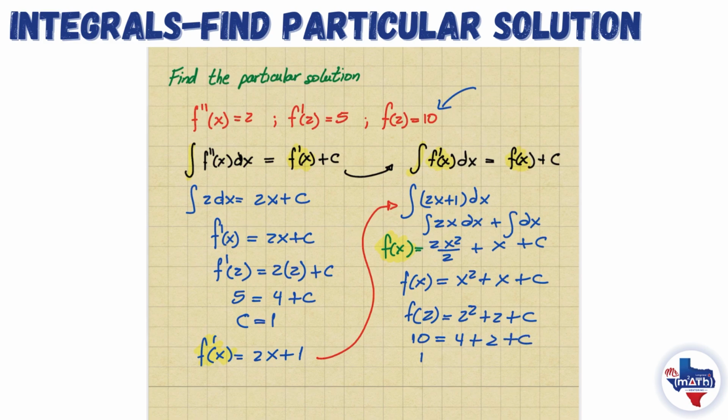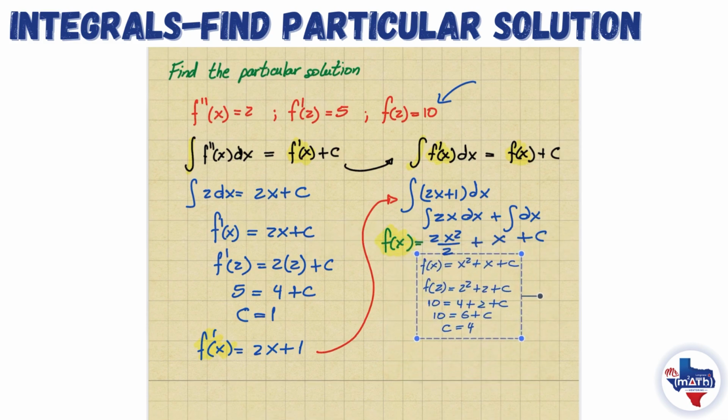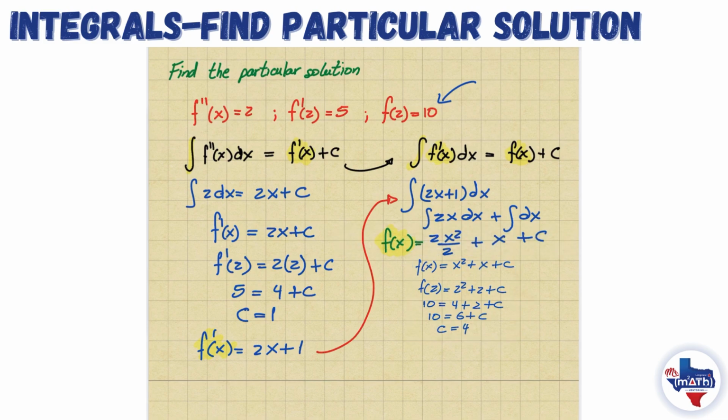So we have 10 equals 6 plus c. Let's solve for c, and c is equal to 4. Okay, let's shrink this for a second so we're able to write our answer there. Our final answer: f of x should be x squared plus x plus 4.